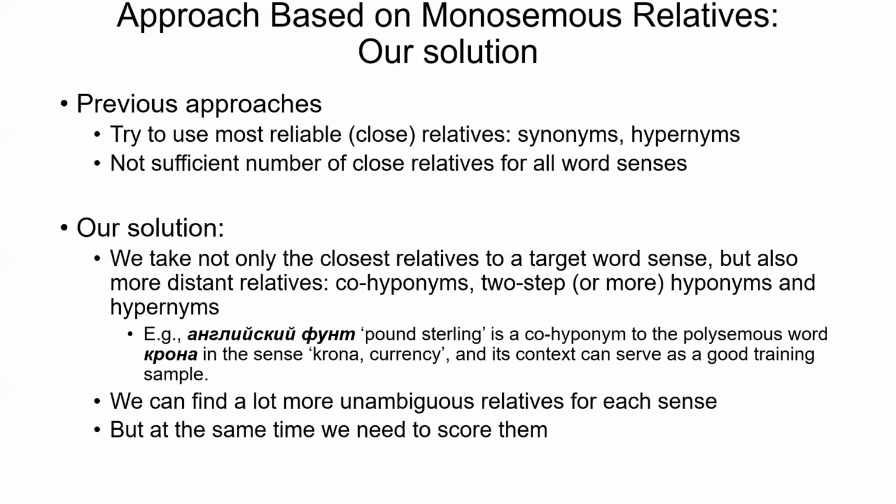For example, most contexts for the word krona in the sense krona currency match the context of other words denoting currency like pound sterling, as they have a common hypernym valuta, currency. So the advantage of our approach is that we find a lot more monosemous relatives for target senses. But the disadvantage is that we need to score all the relatives that we find because their contexts may not suit as training samples.